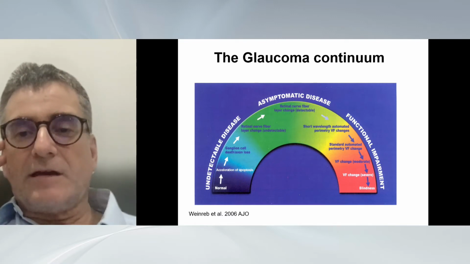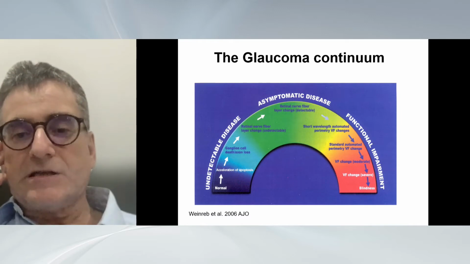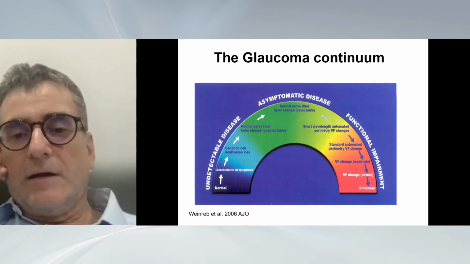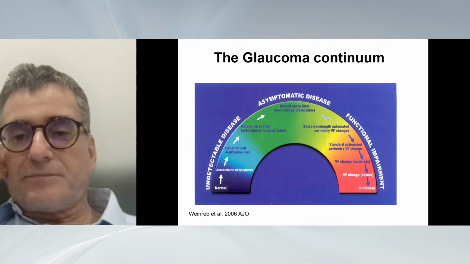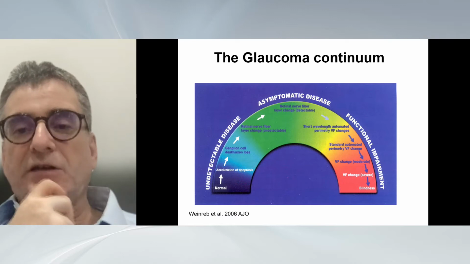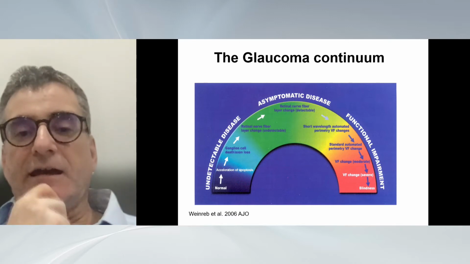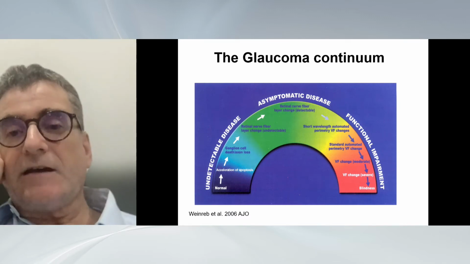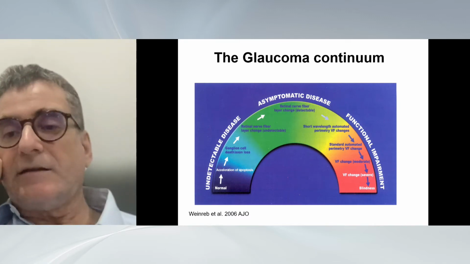So this is something that I'm sure you have seen a lot of times. This was the so-called glaucoma continuum that was actually introduced by Bob Weinreb some 15 years ago. And it indicates that we have three stages of the disease: the undetectable disease, the asymptomatic disease, and the functional impairment.